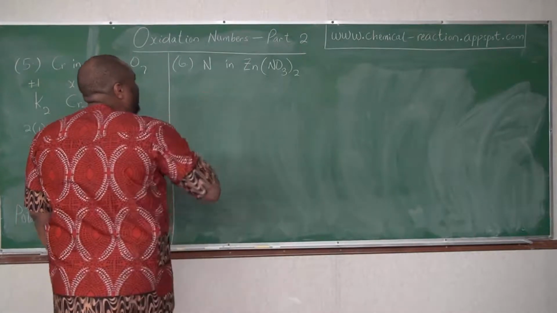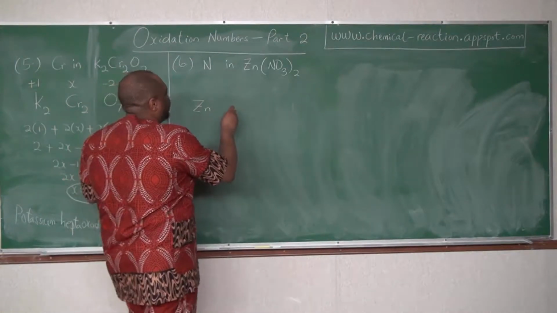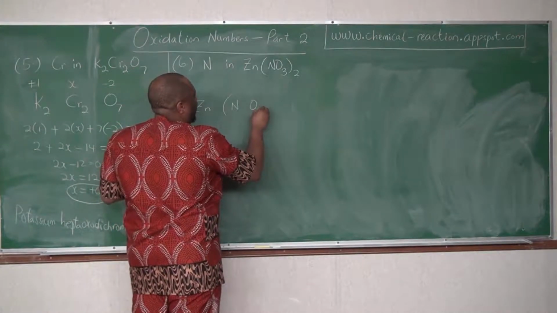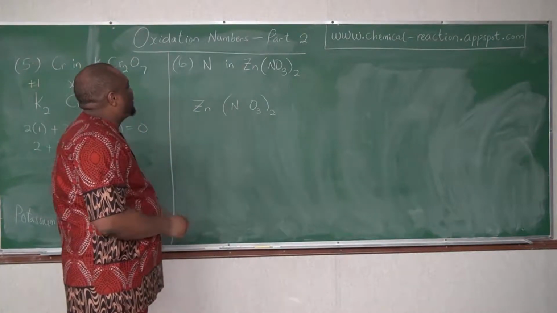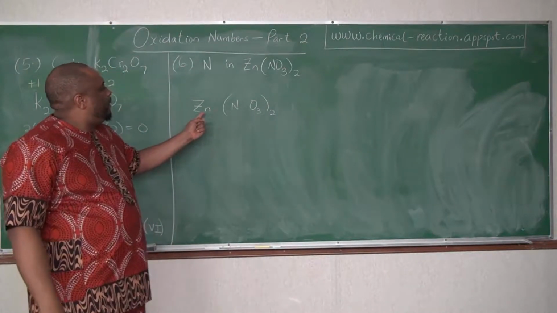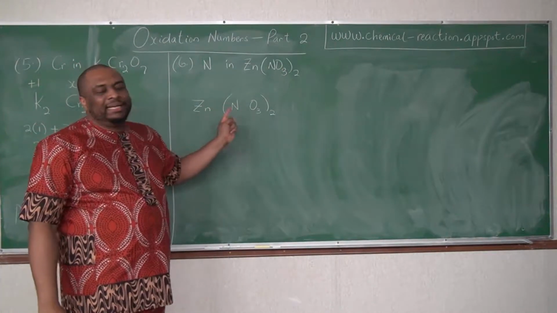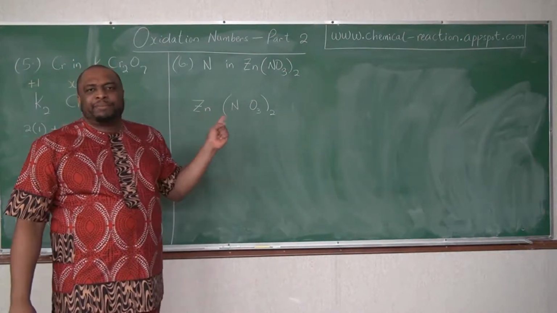Alright, so let's spread this out. We have zinc, and we have NO3 and then 2. Zinc is atomic number 30.